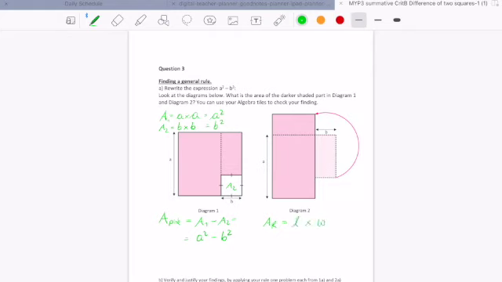And I said to you, your task is to find out what is the length and what is the width. So let's say this here is the length and this here is the width. Now let's look at this little rectangle here. Because it is the same as this rectangle here, what is this side length? Think about that for a second. This little length here, that's what I want to know from you.